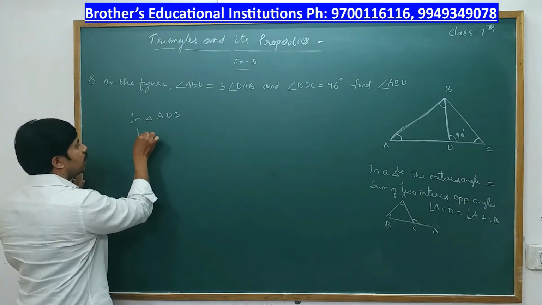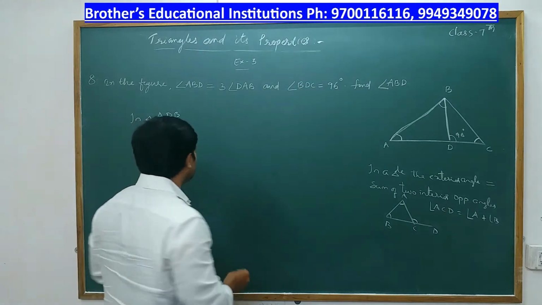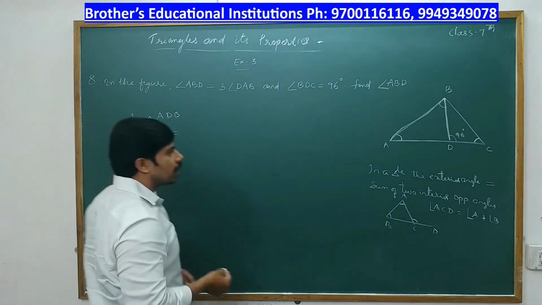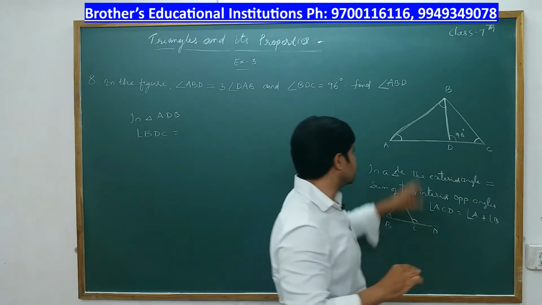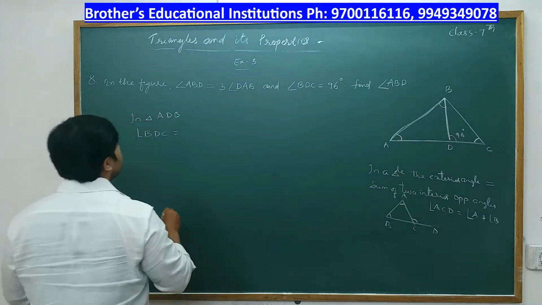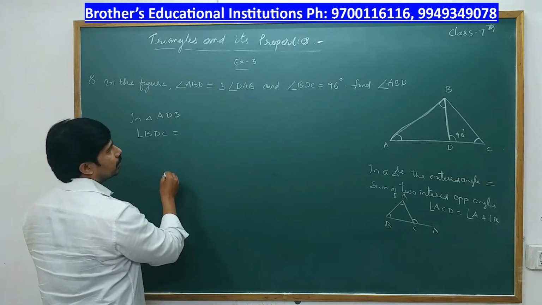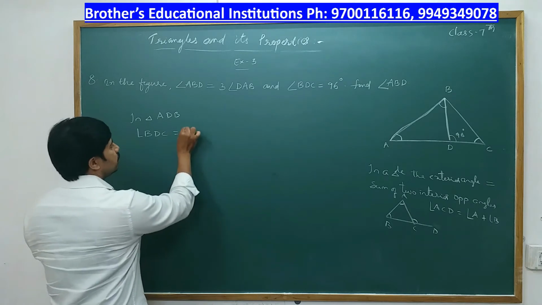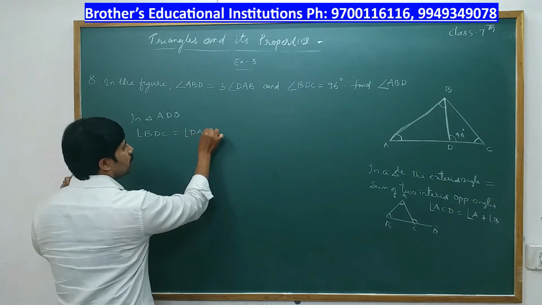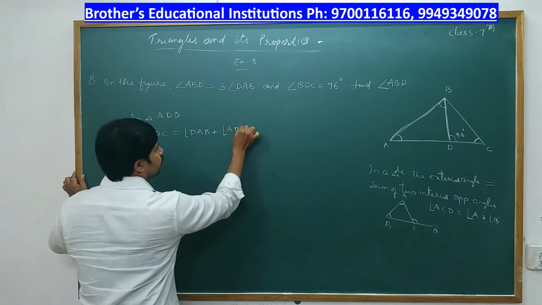It is angle BDC, outside the triangle, and it is equal to the interior opposite angles, which are A and B. For that we can write DAB plus angle ABD.